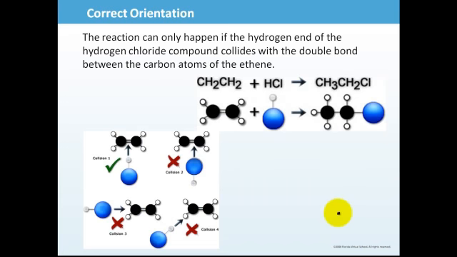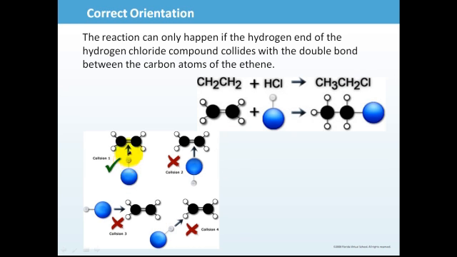All right, the second one, the orientation, again mentioned a little bit earlier, is just simply lining them up correctly. If you look at the example here, I had CH2=CH2 plus HCl, and we end up with CH3CH2Cl. Now down here, we just had some examples of different ways they can collide. The first one, the white ball there represents the hydrogen.